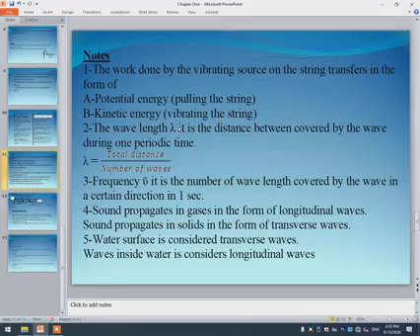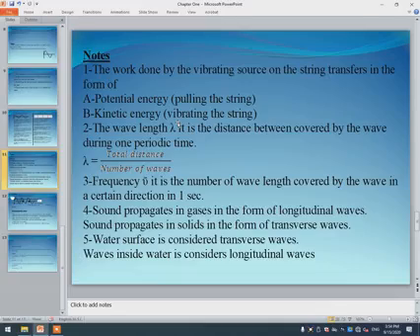And of course, as the work done by your hand on the string increases, the potential energy stored inside the molecules of the string will increase too, and the kinetic energy will increase too, so it will take more time to stop vibrating.